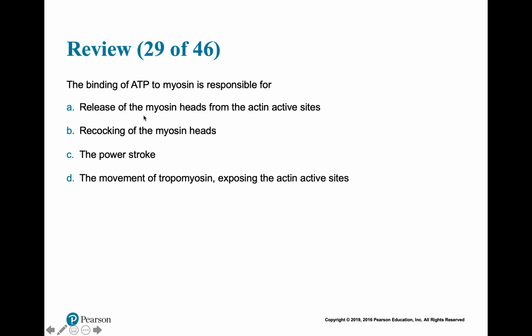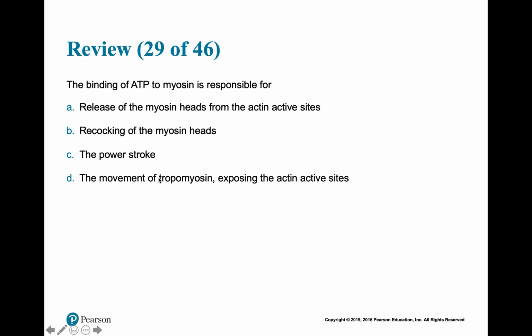So release of the myosin heads from the actin active sites, okay. Recocking of the myosin heads, no, we just had a question like that. And what's responsible for the recocking of the myosin head? It's the hydrolysis of ATP that provides the energy to cock the myosin head. The power stroke, well, we know that the pivoting of the myosin head happens when ADP and P are released.